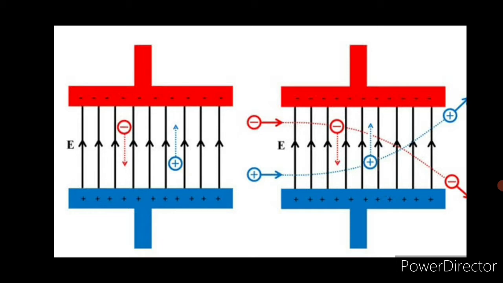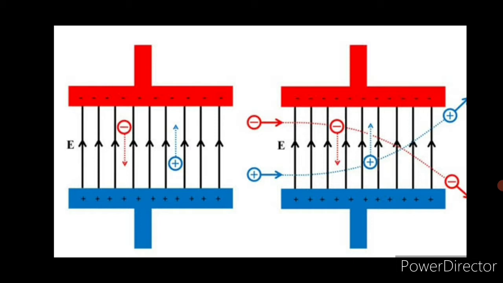And the negative charge also takes the path of a parabola, moving towards the positive plate, while the positive charge moves towards the negative plate, in a parabolic path.